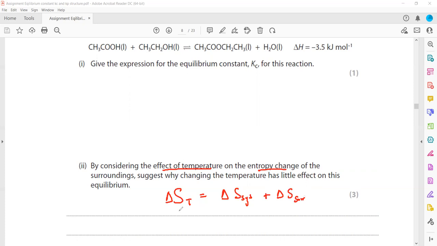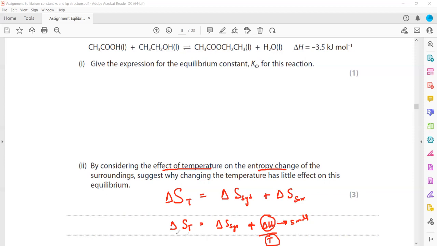And here the entropy of the surrounding is minus delta H by T. So we can say the total entropy is equal to the entropy of the system minus, and for the forward reaction, because the entropy of the surrounding is minus delta H by T, but the reaction is exothermic, minus minus will be plus delta H by T. Now, because this value is very small, even if we increase or decrease the temperature, the value is already small, so changing the temperature cannot change this factor too much.